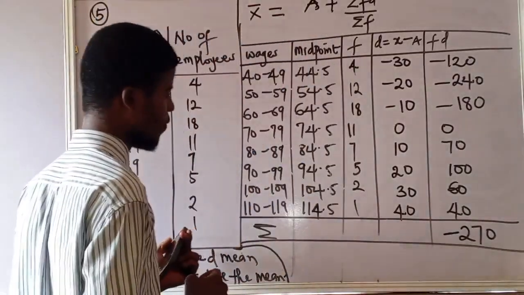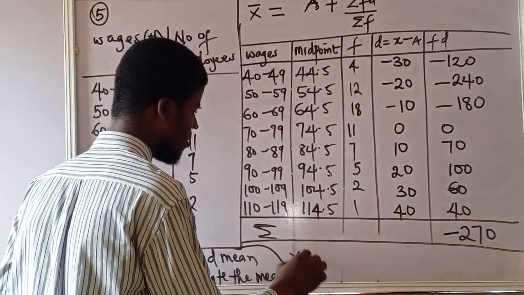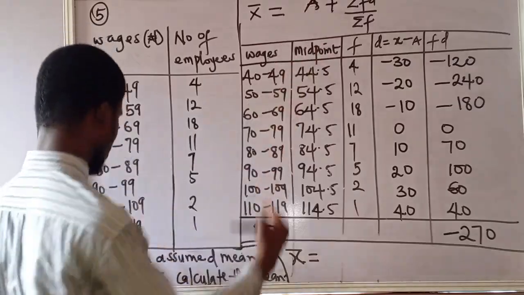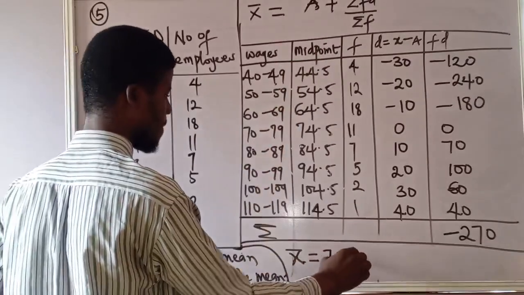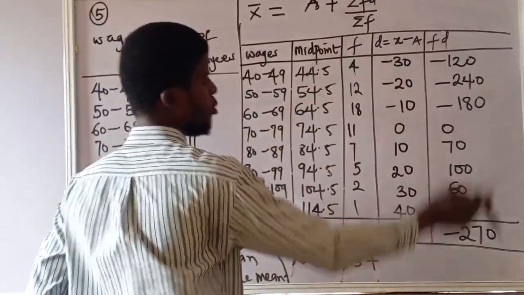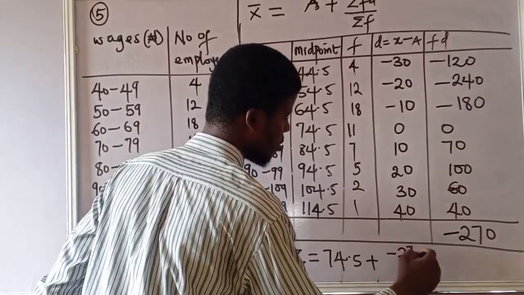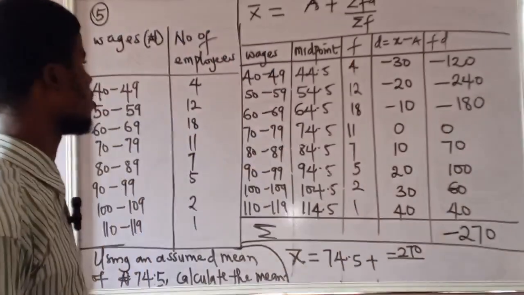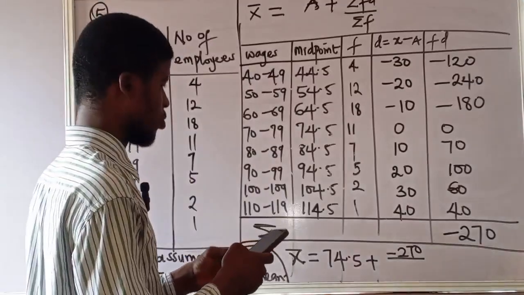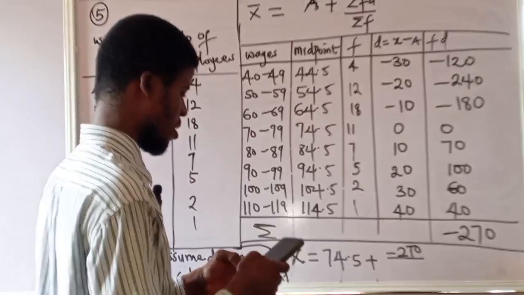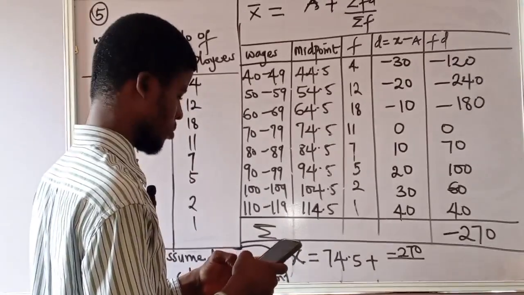Okay. So therefore, the actual mean x bar is, I told you, the assumed mean, which is 74.5, plus summation fd, which is minus 270, divided by summation f. Okay, let's add up all the frequencies together. 4 plus 12 plus 18 plus 11 plus 7 plus 5 plus 2 plus 1.